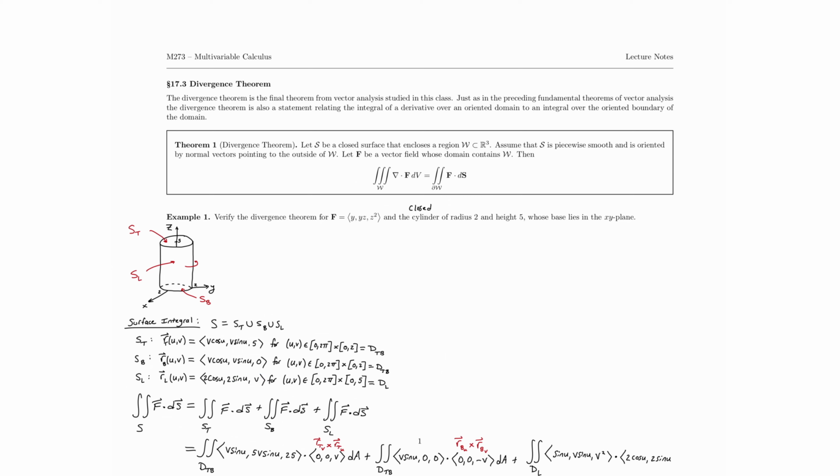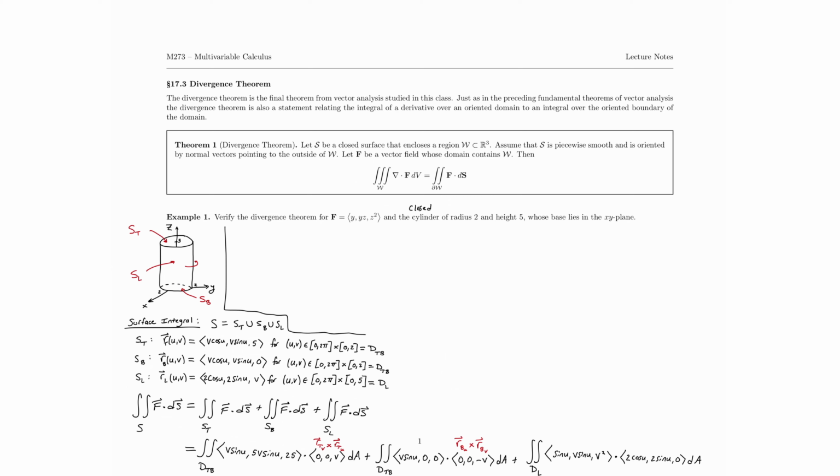My apologies, a little correction. Two cosine u, 2 sine u, 0, dA.